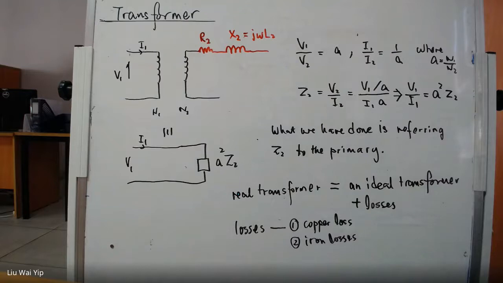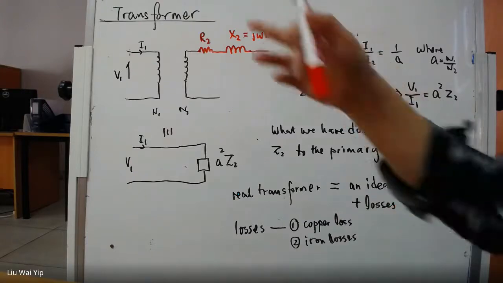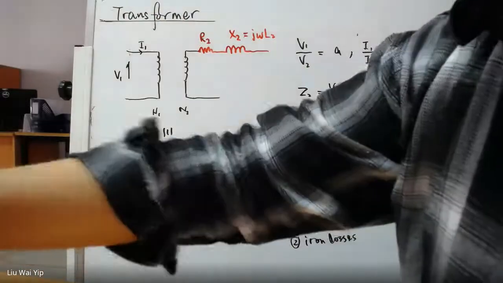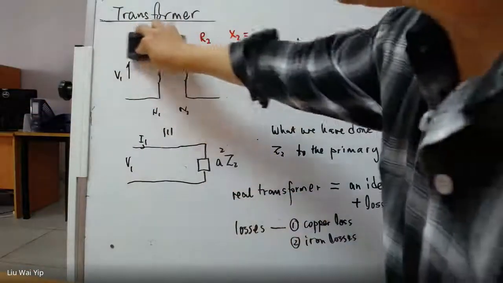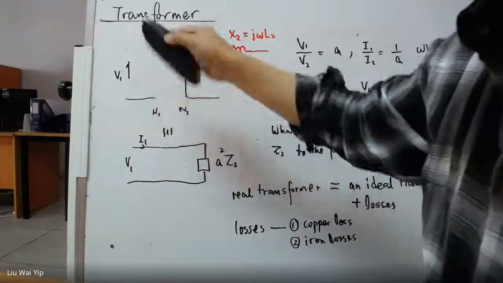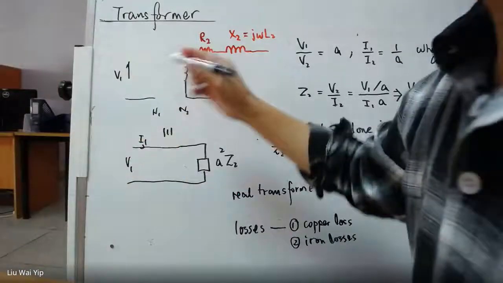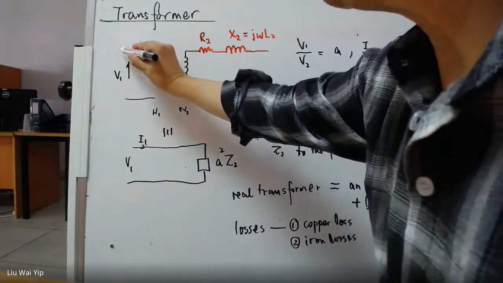And if you can get the copper loss in the secondary, you can easily get the copper loss in the primary.